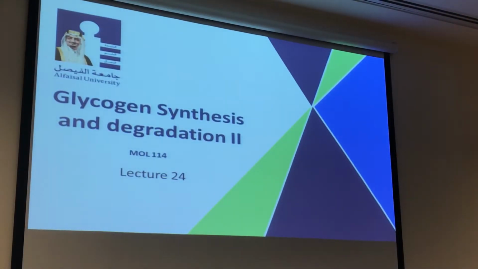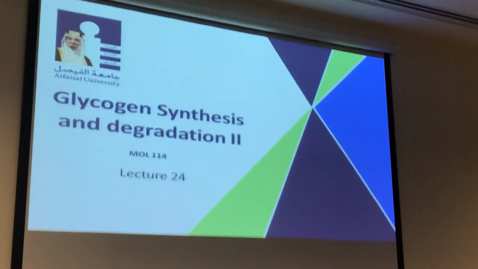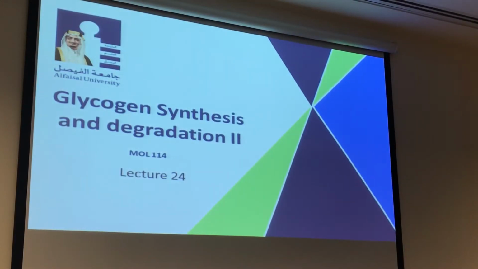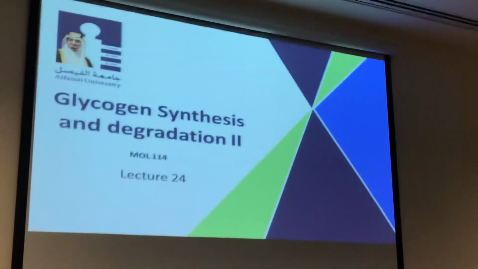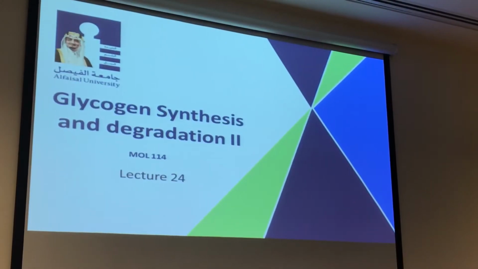For brain and muscle. Okay, so we need blood glucose to maintain blood glucose homeostasis for many cells, including the brain and the red blood cells. Okay, so these, especially the red blood cells and the brain, need a continuous supply of glucose. That's why we need to maintain glucose homeostasis. And which organ will help to maintain glucose homeostasis?